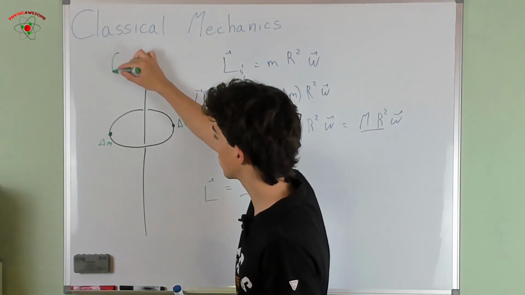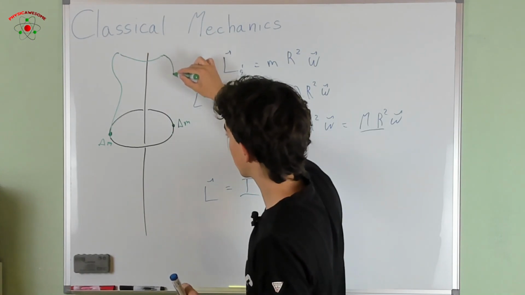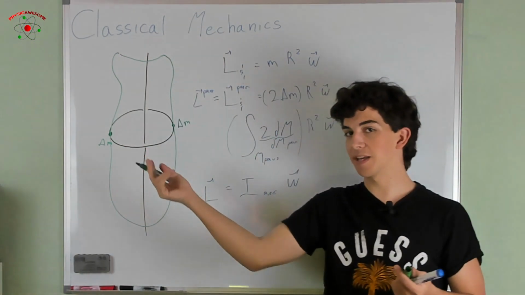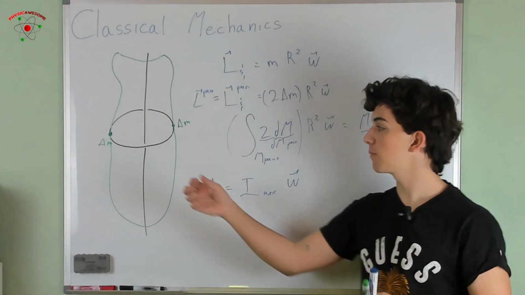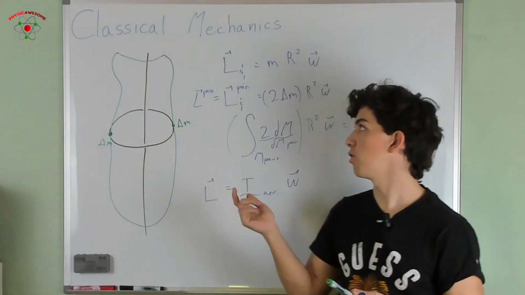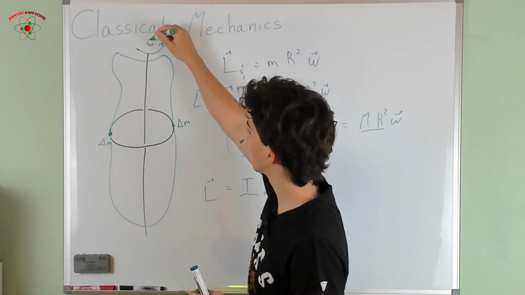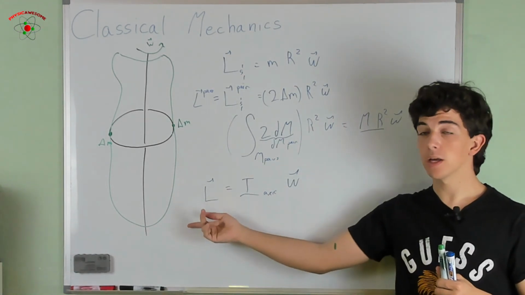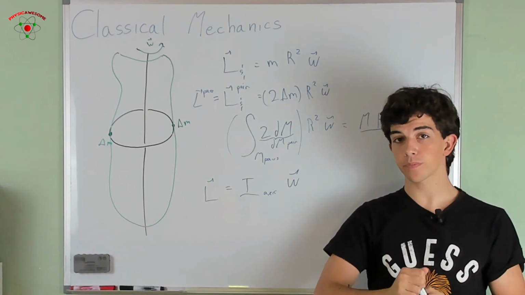So we could find, for instance, a shape. Imagine it's symmetrical. It doesn't look quite symmetrical on the board, but if this shape was symmetrical, its angular momentum, if it's obviously rotating at the same angular speed as the others, would be the exact same as for the ring, just with a different moment of inertia.